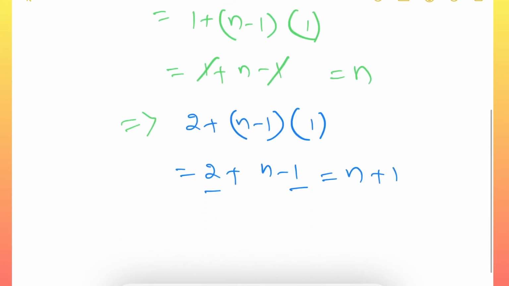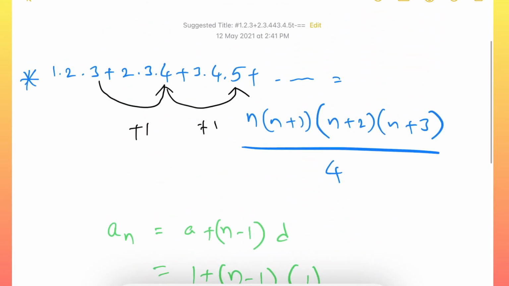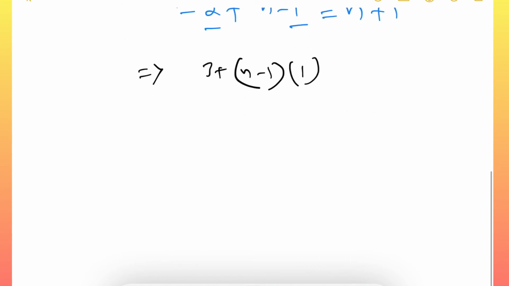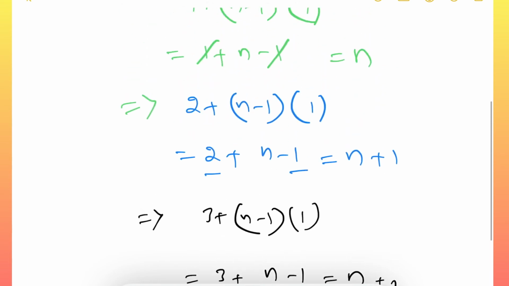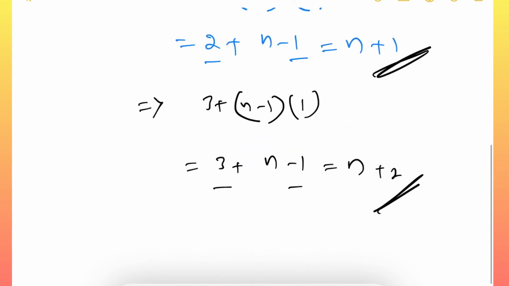Then find out the nth term. An equals to A plus n minus 1 into D. A is nothing but 3 plus n minus 1 into common difference is 1. So if we simplify, 3 plus n minus 1 into 1, n minus 1, then n, 3 minus 1, it is 2. So the nth term is n into n plus 1 into n plus 2.